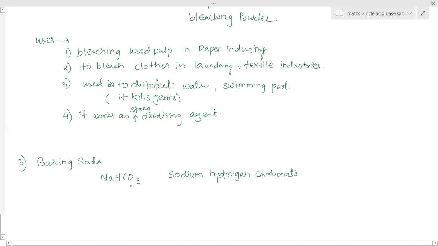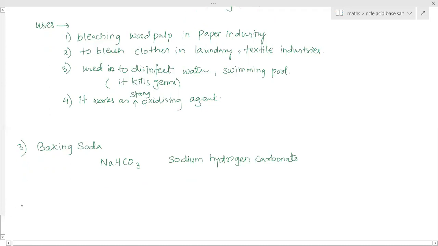NaHCO3 is the chemical formula of baking soda, which we are using in the kitchen also.